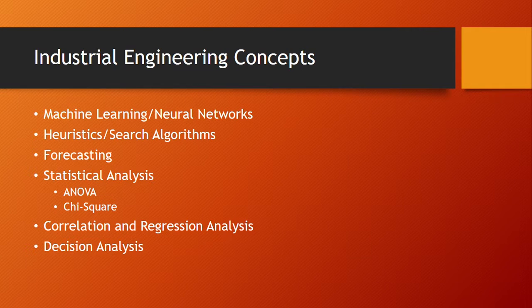So a few industrial engineering concepts that can be applied to data mining. Obviously, machine learning, and one of the most important parts of machine learning is the development of neural networks. Heuristics and search algorithms, which I will be doing an additional assignment on, looking at how the information that I've gathered in this project can apply to the traveling salesman problem and the genetic algorithm.